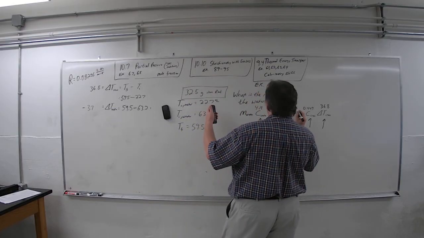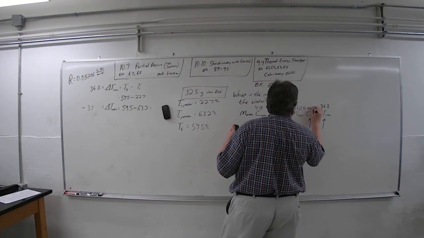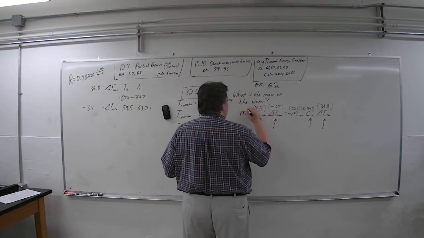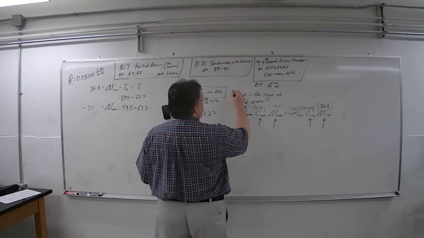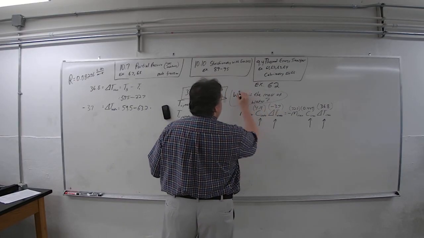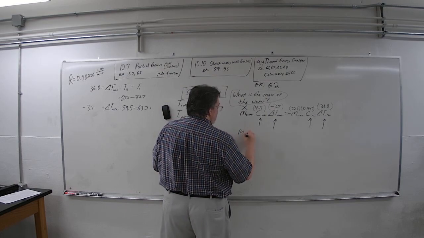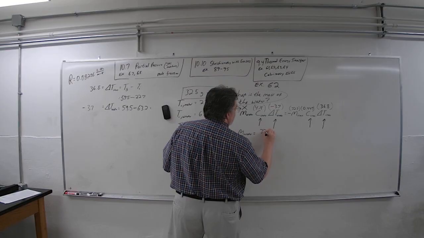The mass of iron is 32.5. So we have these. And then that's our x. Solve for the mass of water. What is the mass of the water? So, 32.5.